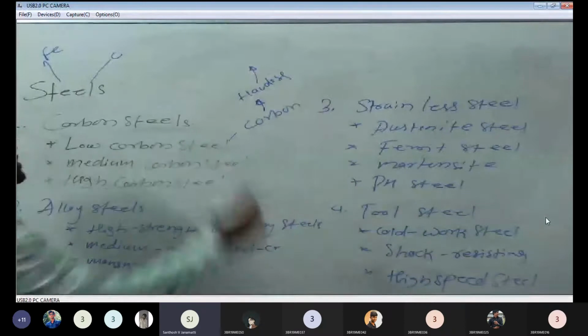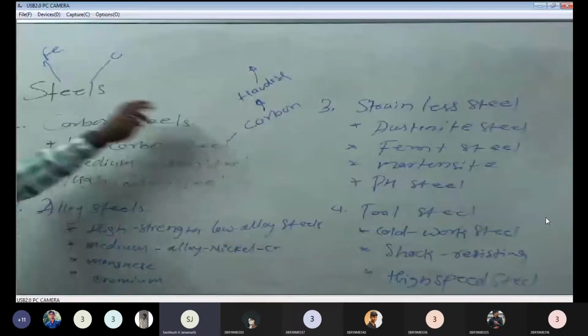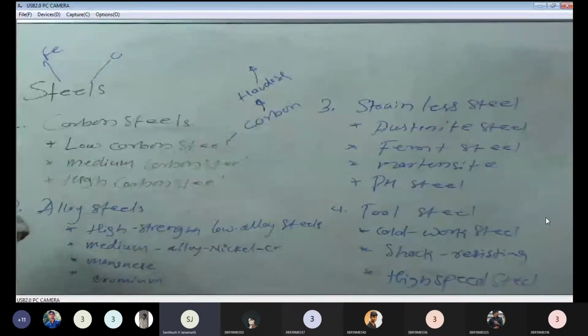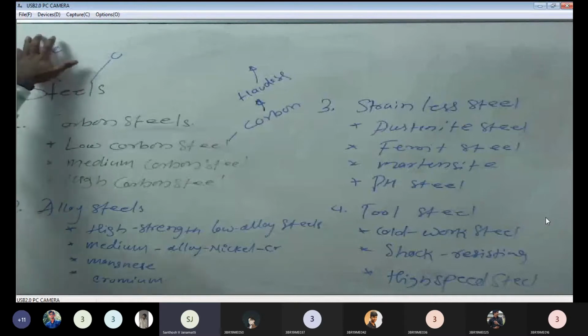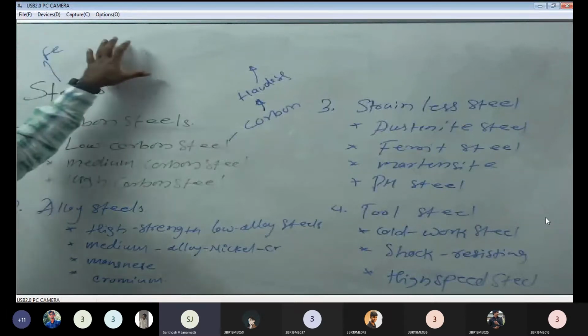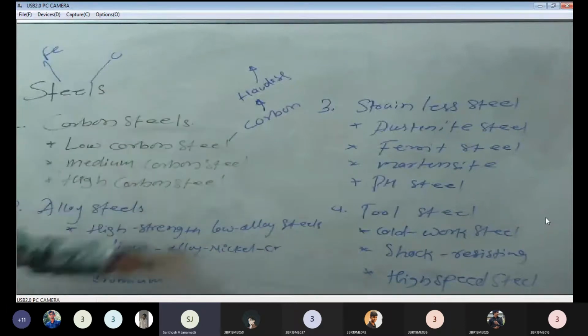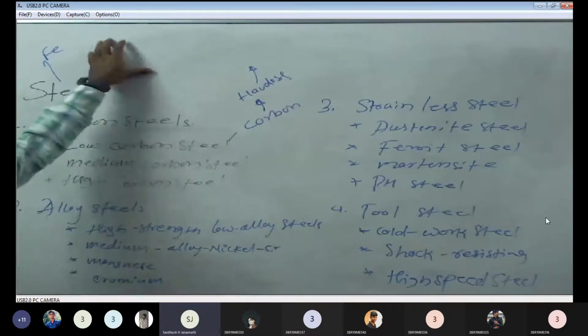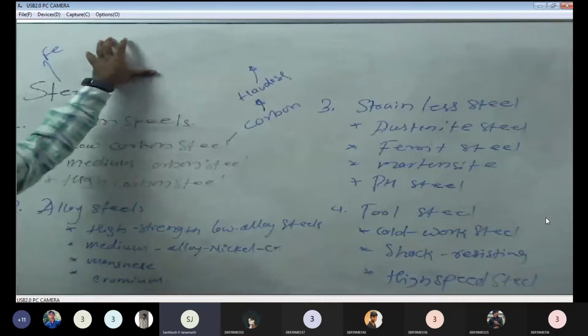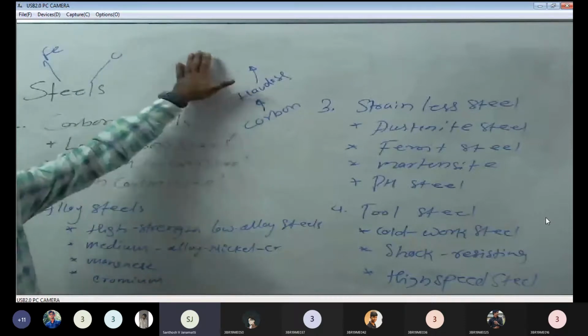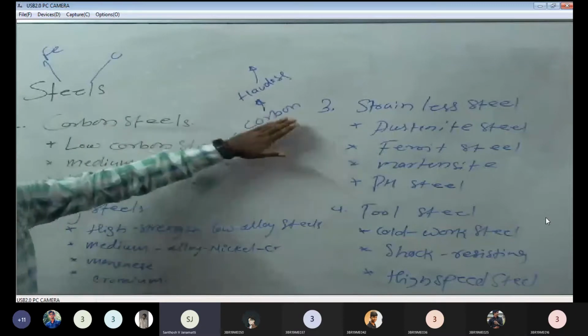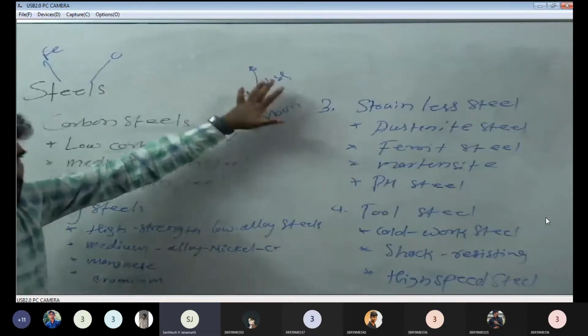Strength is already present in the iron, but we want strong and hard materials. Strength we derive from the iron, and now we want hardness in that steel. That is why we vary the carbon content. As the carbon content increases, the hardness of the steel increases. Hope you understand.